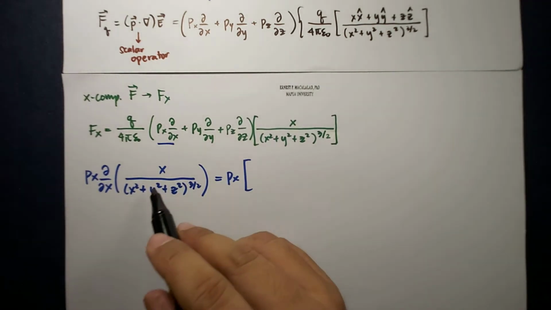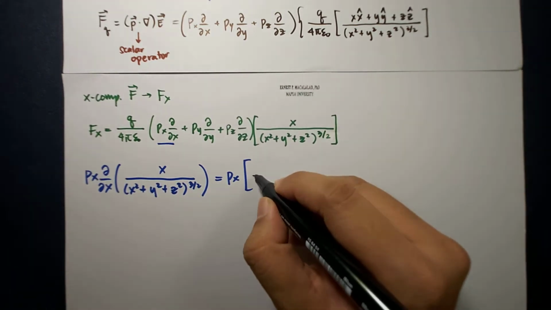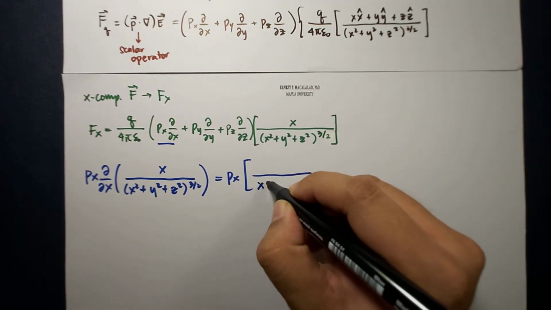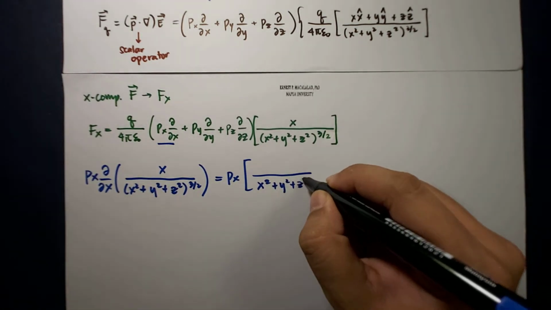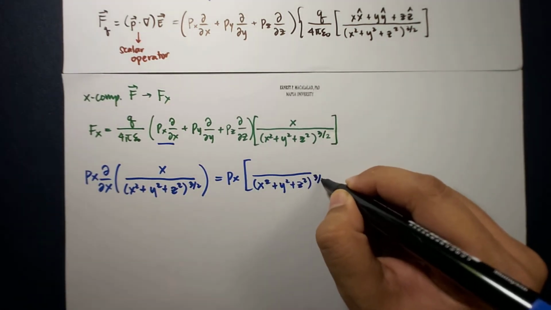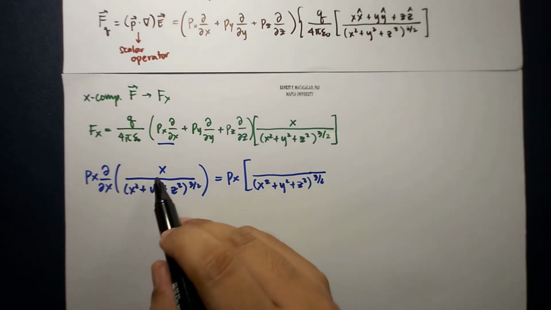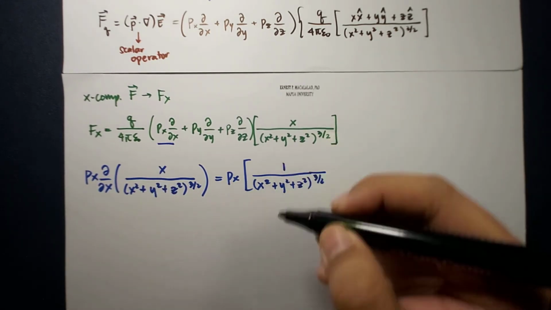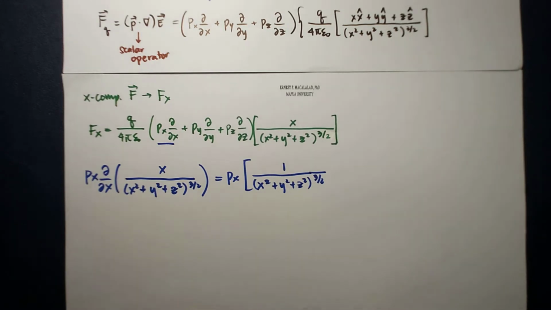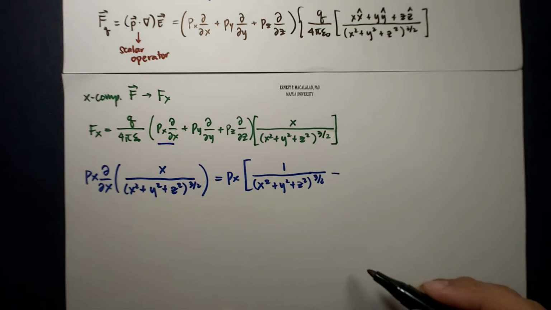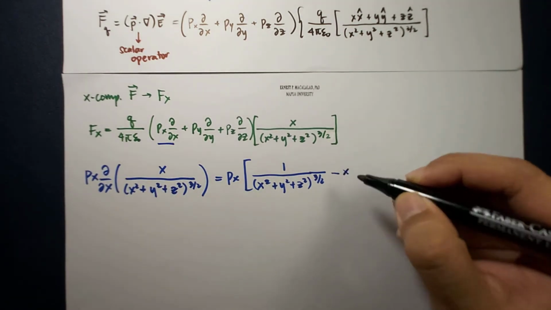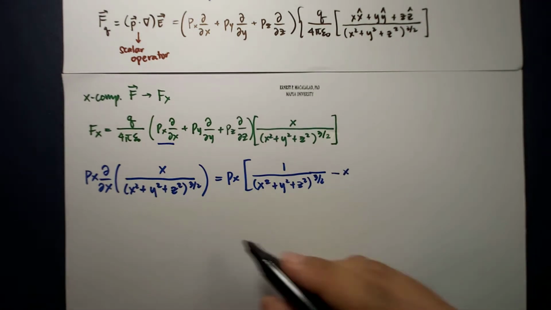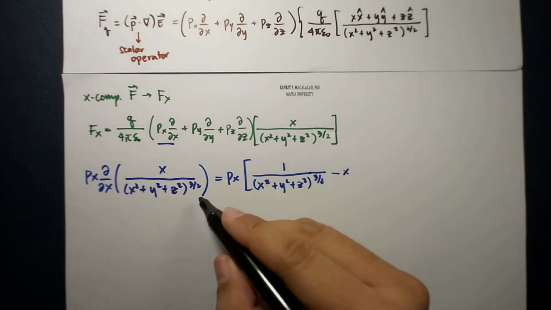Low is 1 over x squared plus y squared plus z squared to the 3 halves times the derivative of the numerator, which is 1, minus high, which is x, times the derivative of low.